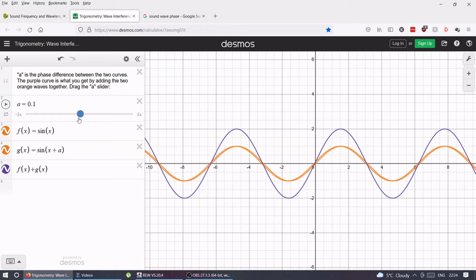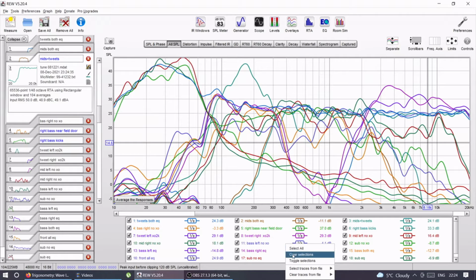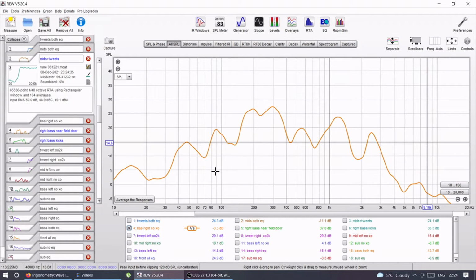Okay, so we're going to look at practical examples, and we're going to look at my measurements that I made in REW in my car, and we're going to look at my bass response.